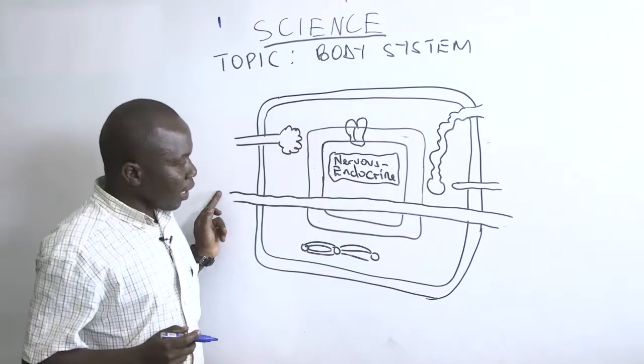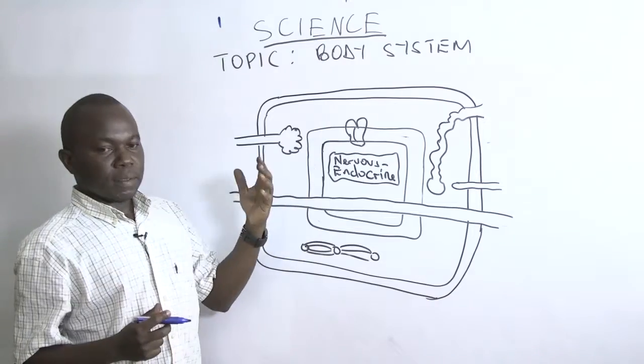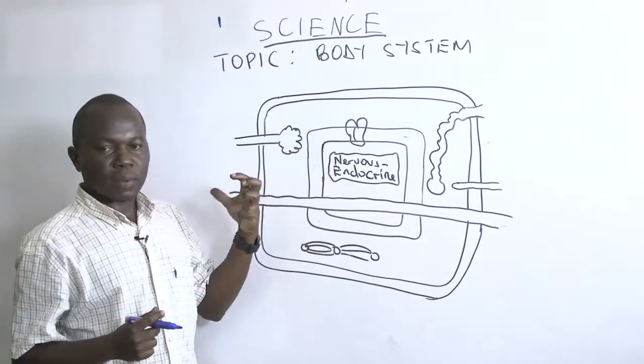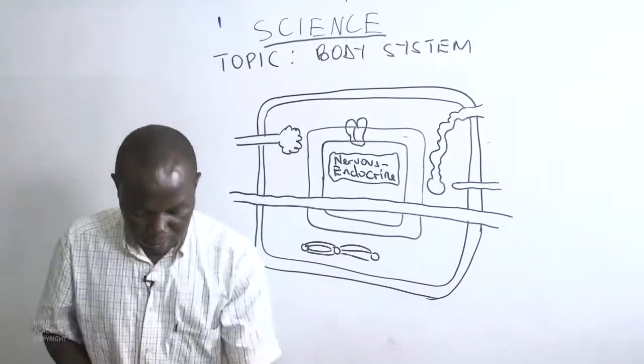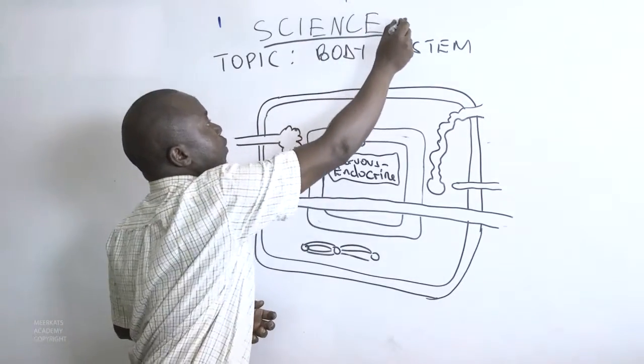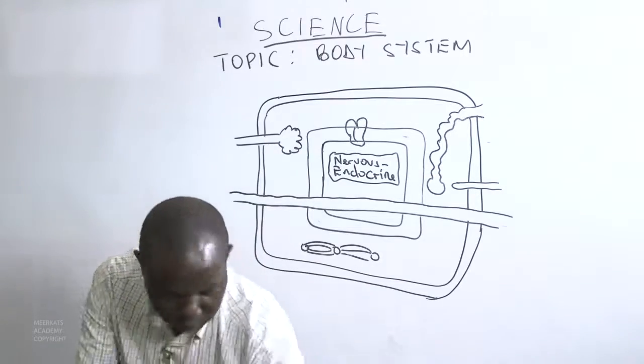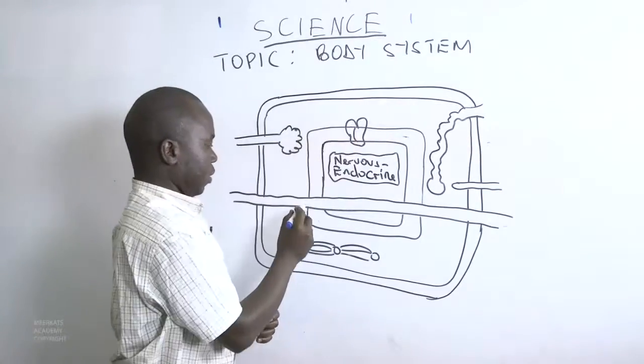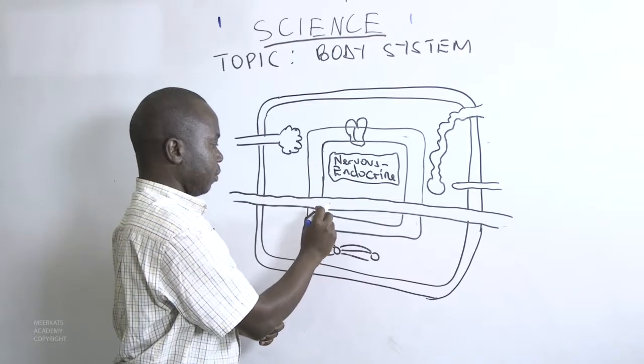So we have a tube running through the body. We can find which tube is that one. That tube describes the digestive system. So this is a digestive system.